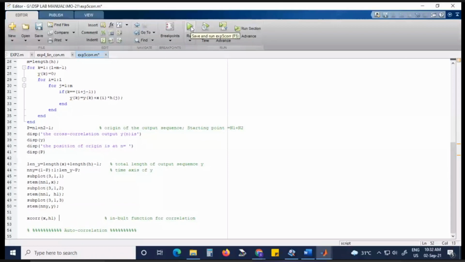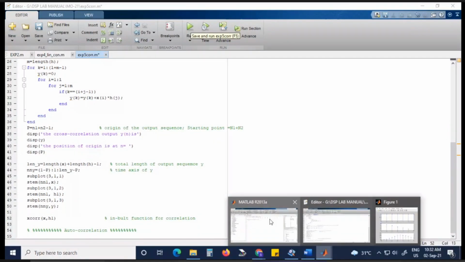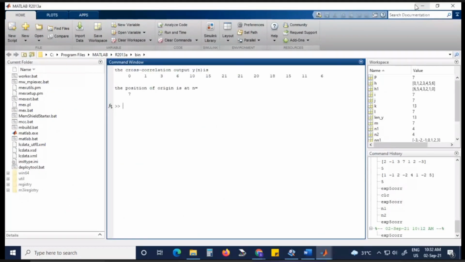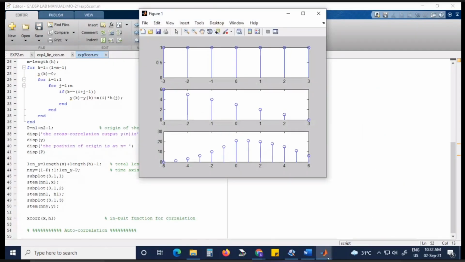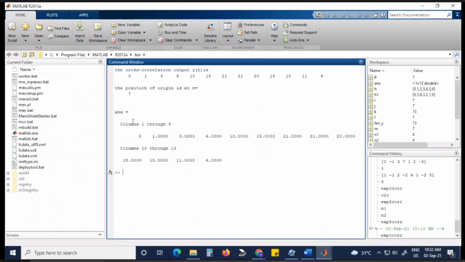Okay. So in the command window, here you can see that using the command xcorr, it is coming the same. Okay, so x cross correlation y1, and this is the theoretical value.